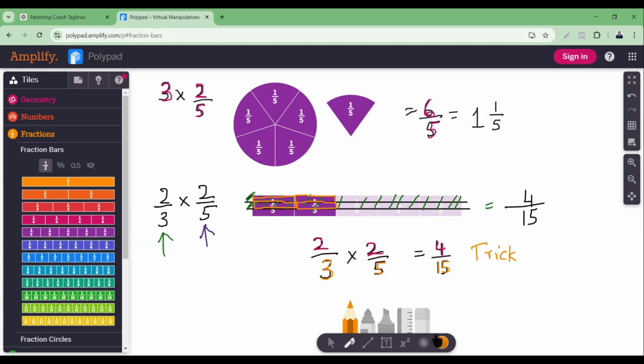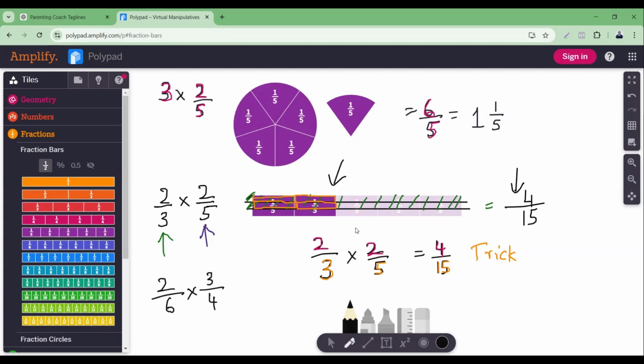Now, I would like to encourage you to do a similar drawing and find the answer for the question I'm going to give here. Let's say 2/6 multiplied by 3/4. Go ahead and do the drawing.